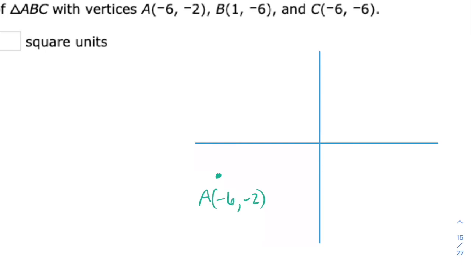So 1, -6. That's going to be right in line. Oh, I'm sorry. -6, -2. 1, -6 is not in line. It's actually right about here. And then C is -6, -6, which is going to be right there.